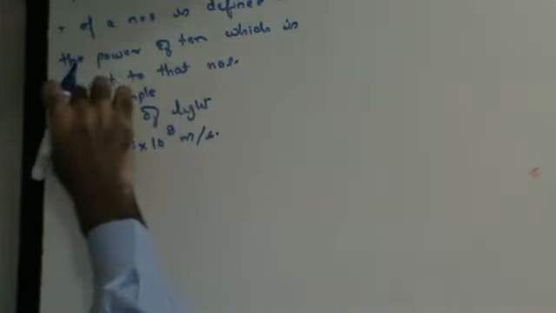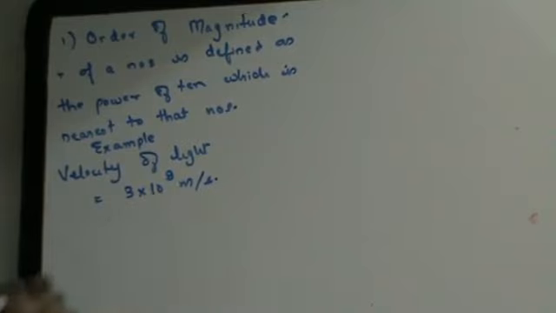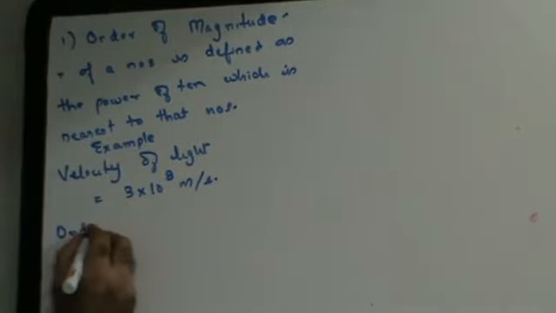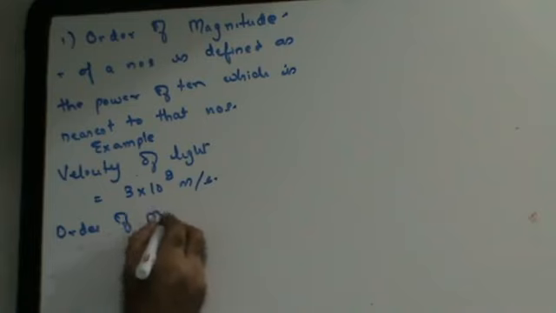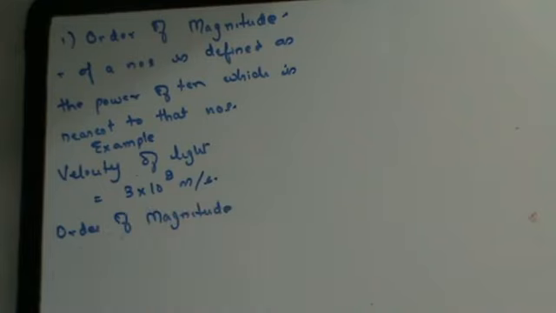The power of 10 which is nearest to that number is 10 to the power of 8.